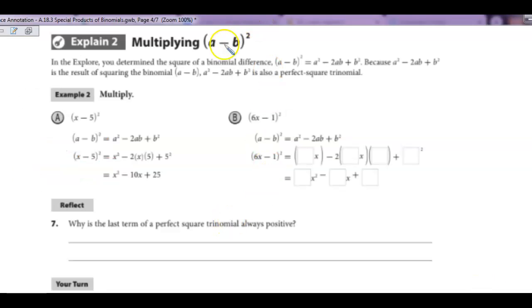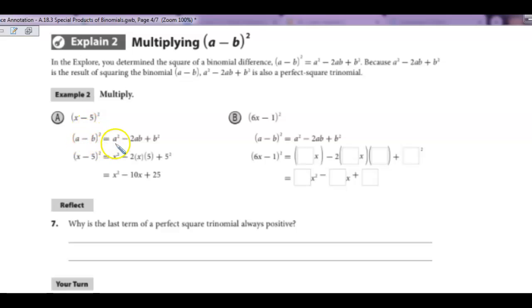All right, sometimes you have a binomial that's with subtraction, and these also will create a perfect square trinomial, but there's going to be a minus or a negative in there, whereas before they were always positive.